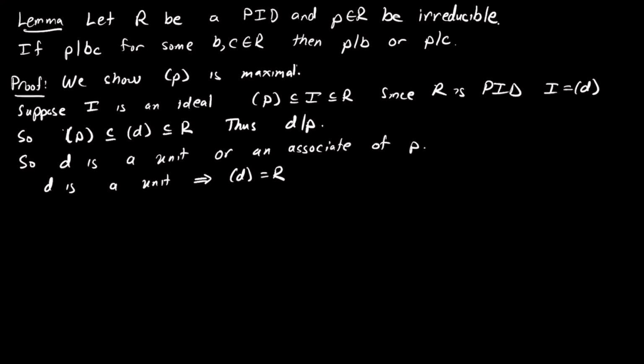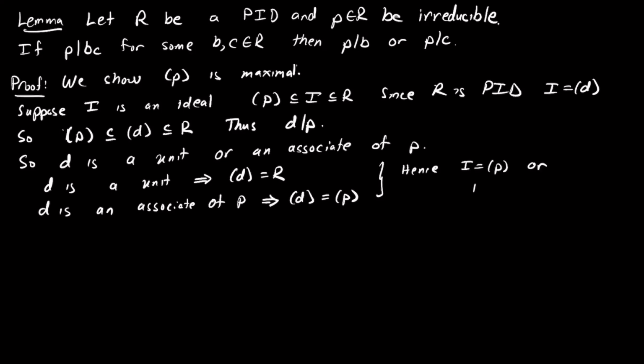This allows me to show that 1 is inside of my ideal, and if 1 is inside my ideal, it automatically becomes my entire ring. And if d is an associate of p, well, this is going to imply that the ideal that d generates is the same as the ideal that p generates, right? So hence, what have I shown? I've shown that I is equal to the ideal generated by p, or I is equal to all of R. Okay, so I've shown that this ideal generated by p is maximal.